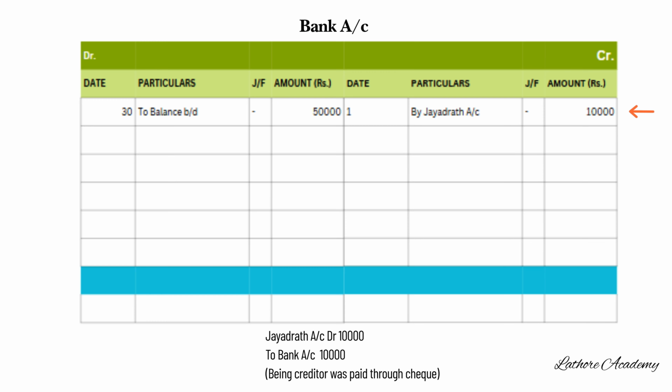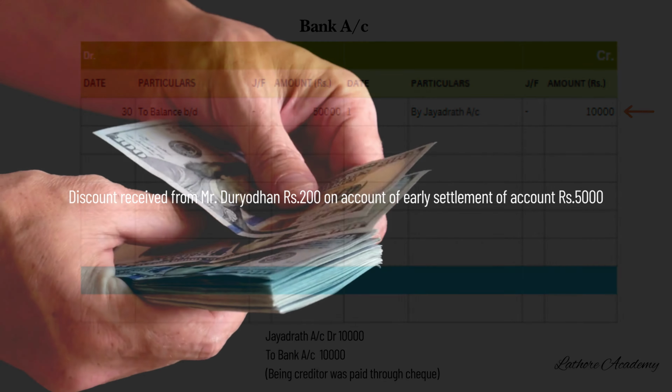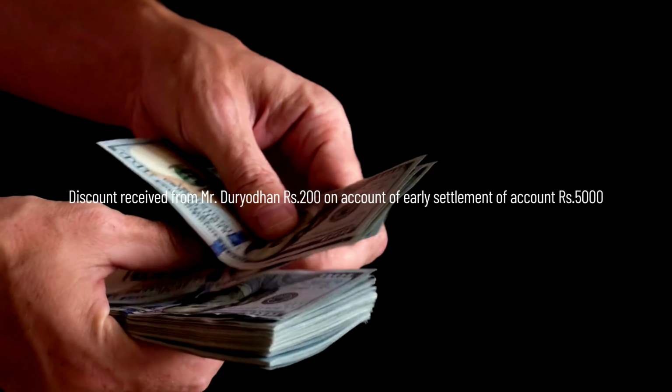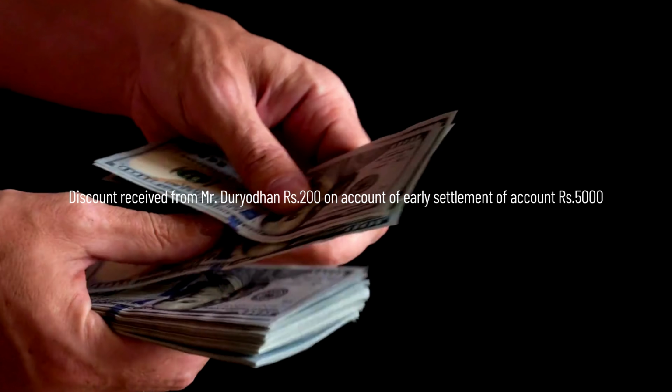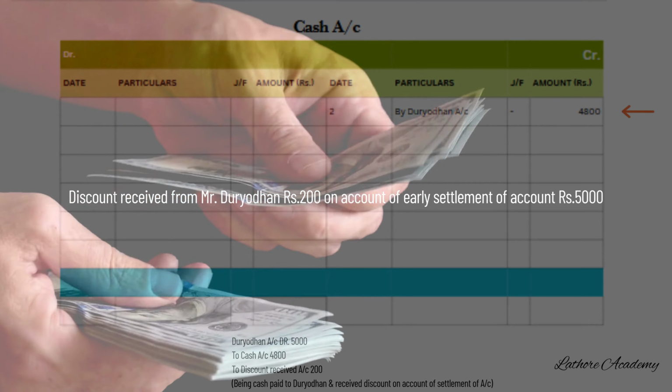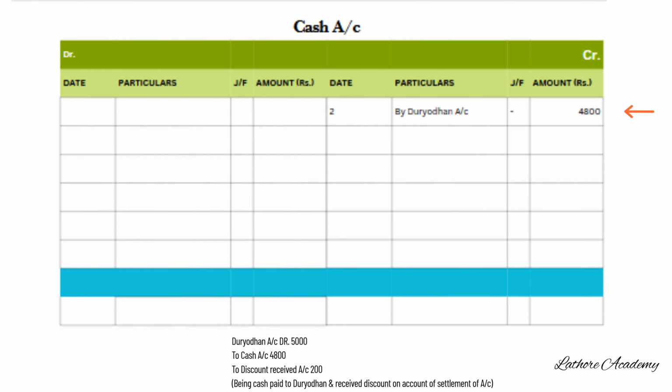The second transaction: discount received from Duryodhan, 200 rupees, on account of early settlement of an account of 5,000 rupees. The journal entry will be Duryodhan account debit 5,000 rupees, to cash account 4,800 rupees, to discount received 200 rupees.